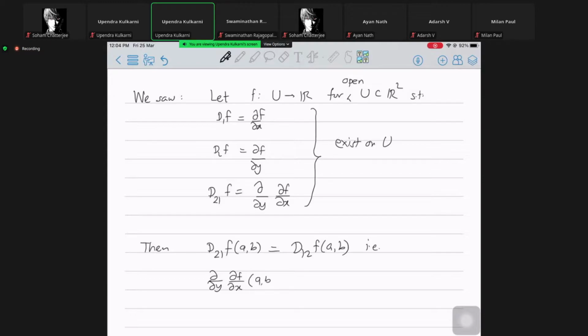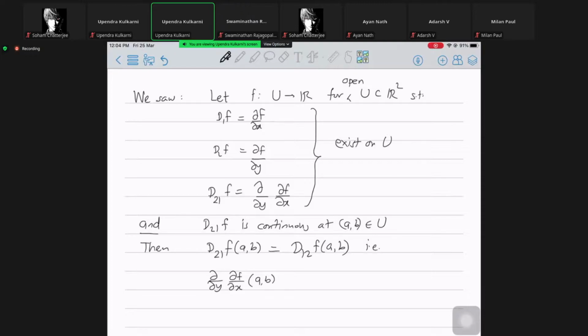So remember, d21 of f is a function that is defined on all of U. So it's continuous at a certain point (a, b).